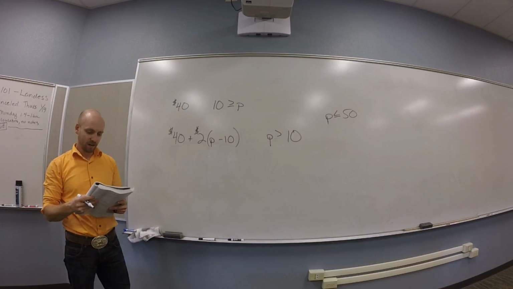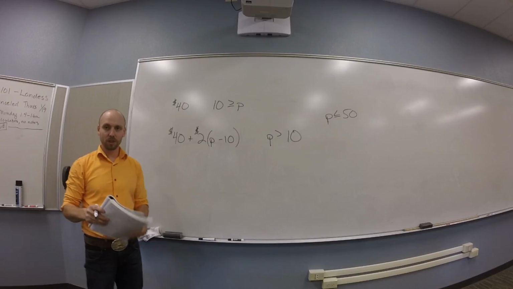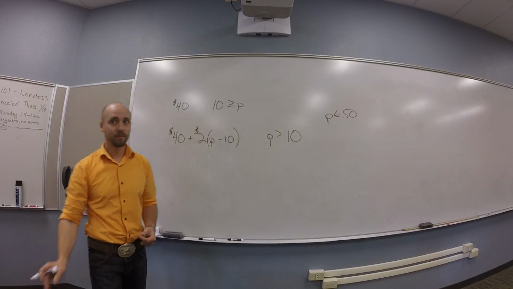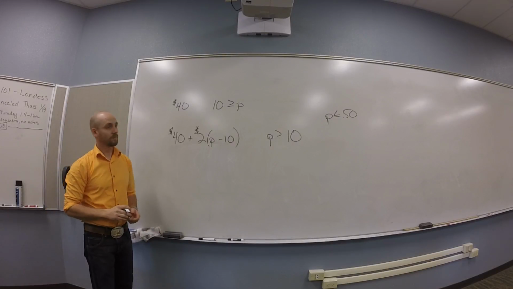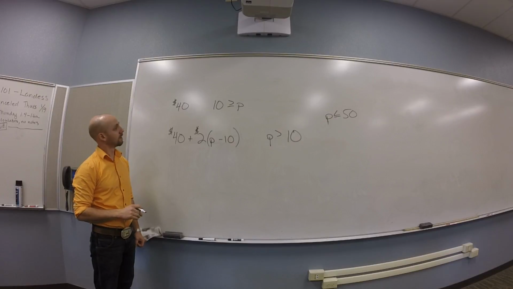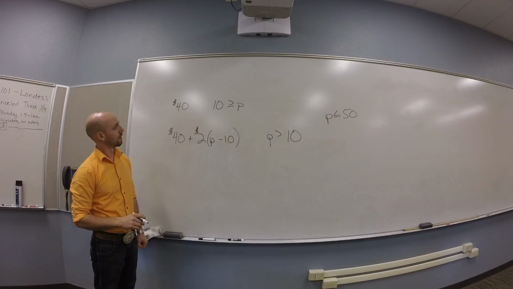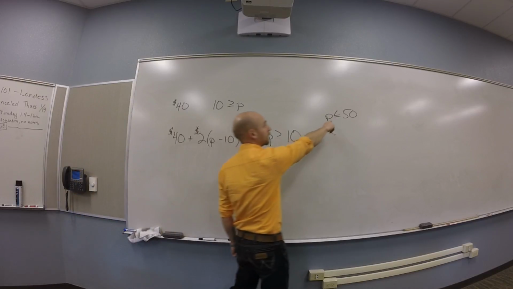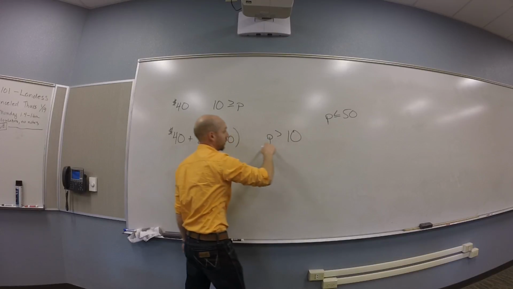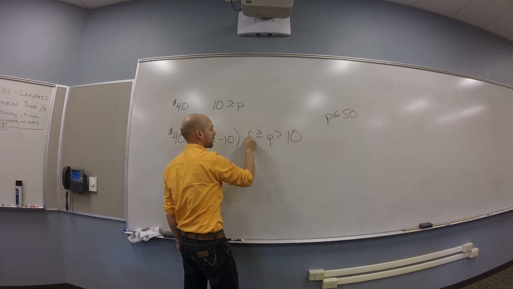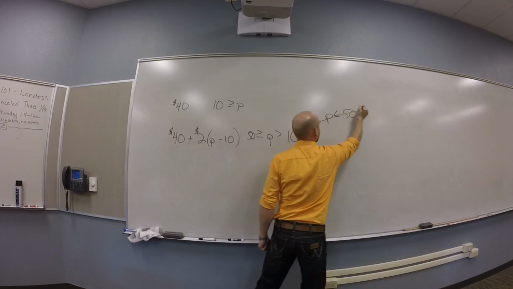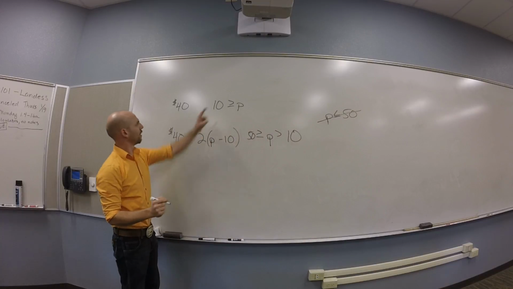So I need a graph that represents this situation, and then I need a domain and a range. Couldn't you also just combine those two inequalities for the second row and P of 50? Good. Perfect. So I could just say this. Okay, good, cool.